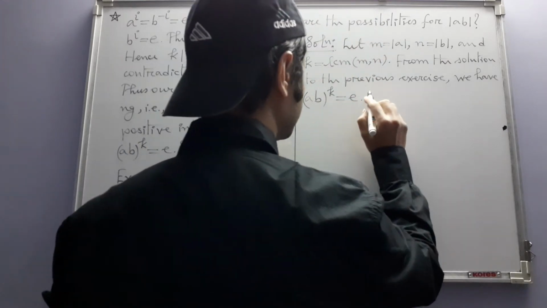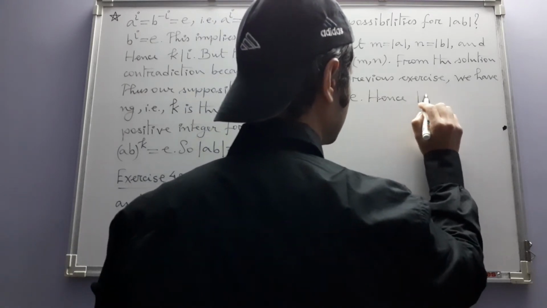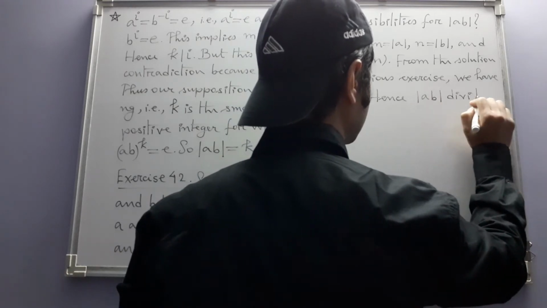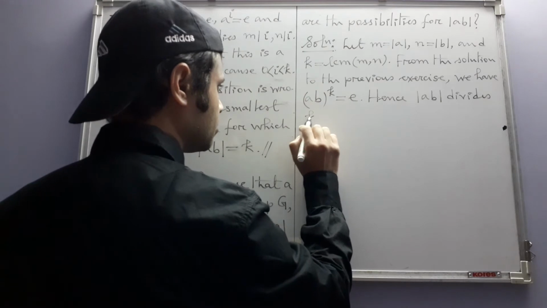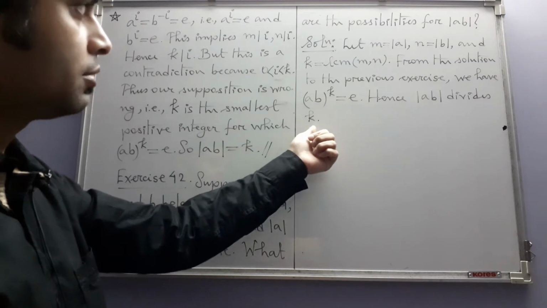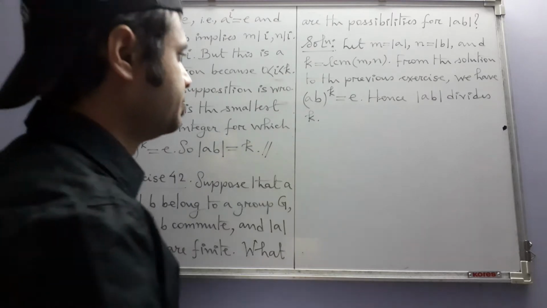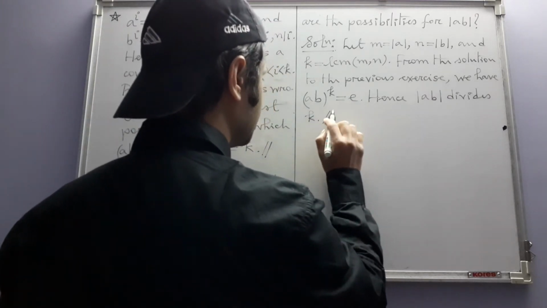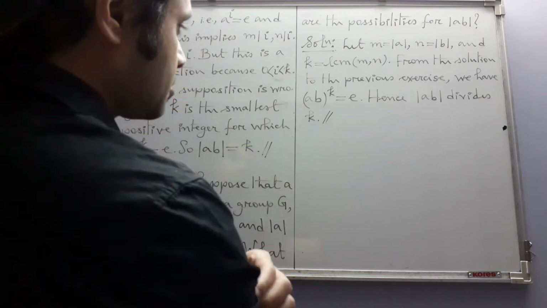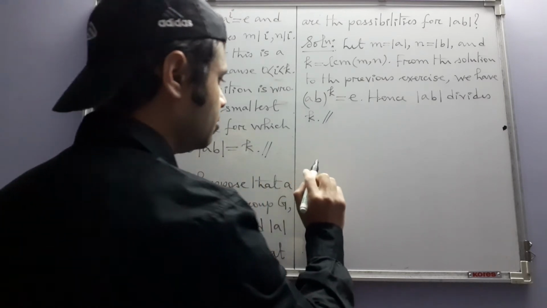So this is true in this case also. Hence, this divides K. So this can be any positive divisor of K, where K is the LCM of the orders of A and B. We can say only this much about the order of AB, because note that unlike the previous case, we don't have this.